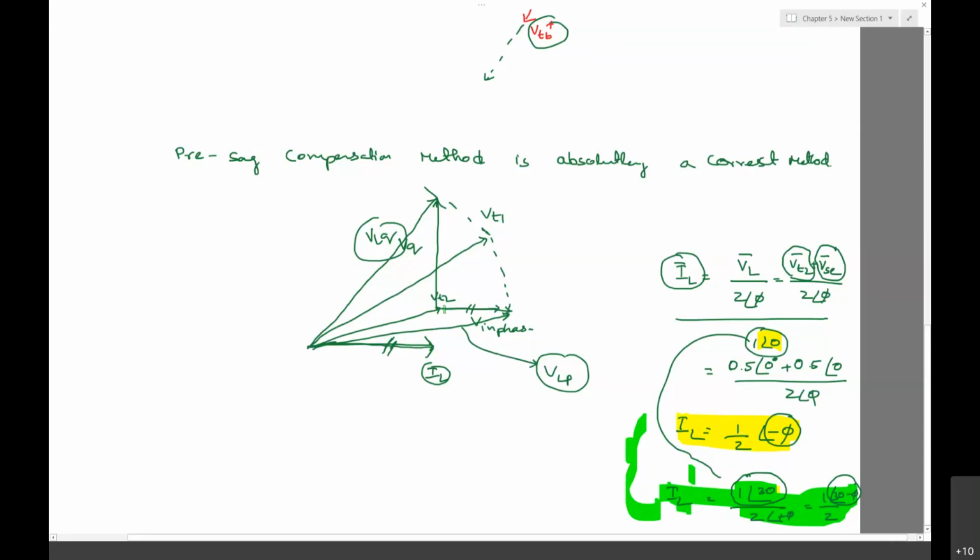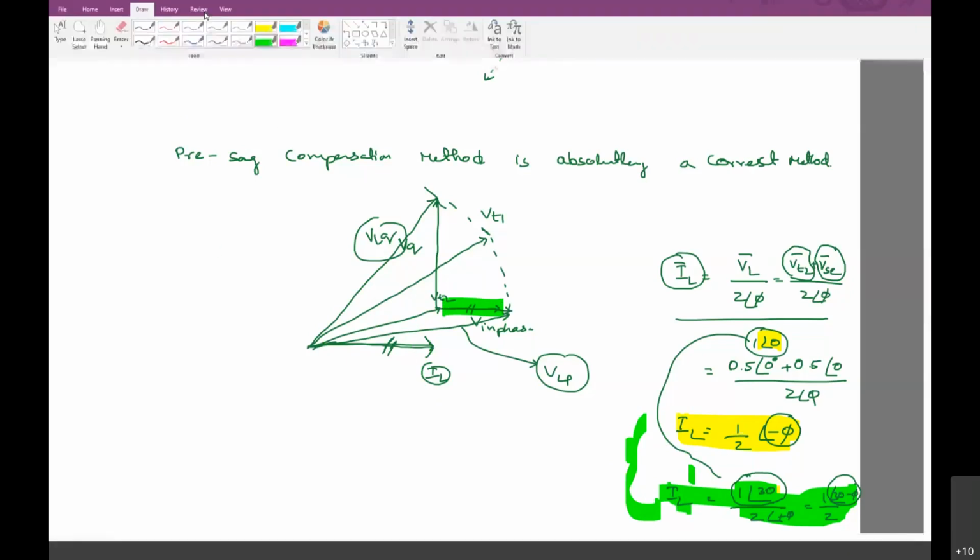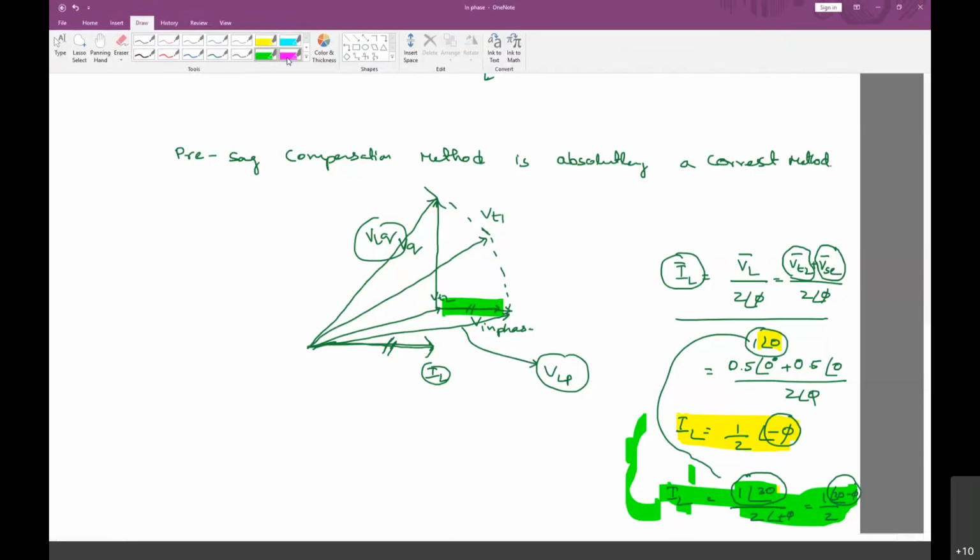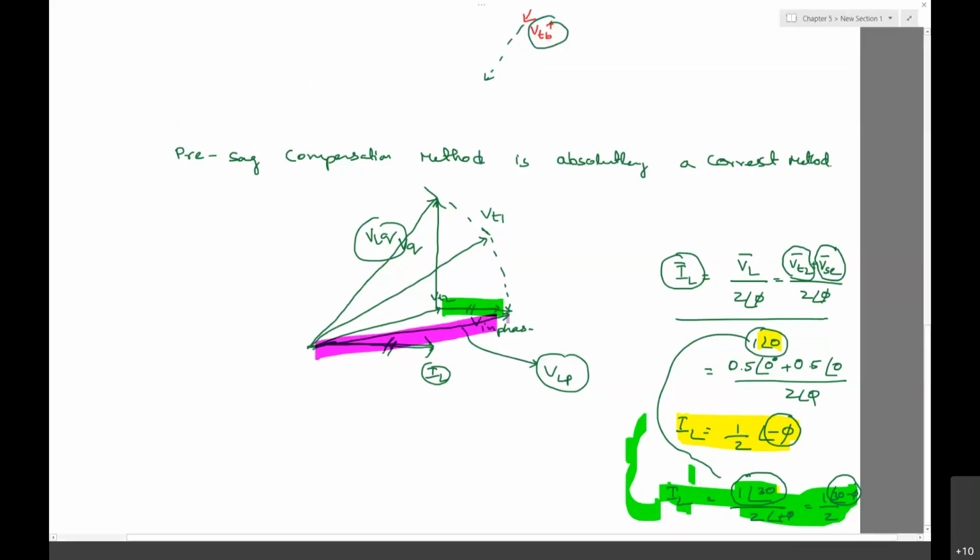If you try to inject the voltage in phase with respect to this voltage magnitude, the IL is going to have a phase shift. So the in-phase injection and the quadrature injection are not the correct methods.